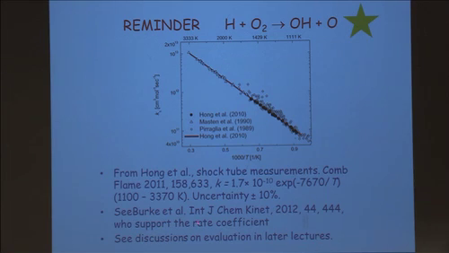This paper from 2012 supports this value here over this range of temperatures from 1100 to 3370 K. So it says at the bottom, see discussions on evaluation in later lectures, and that's what we're doing now.